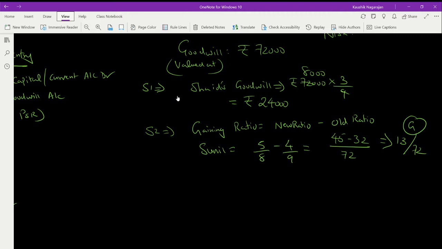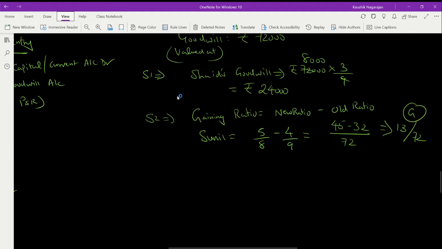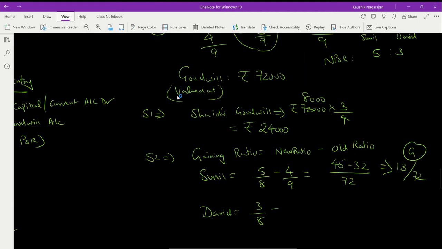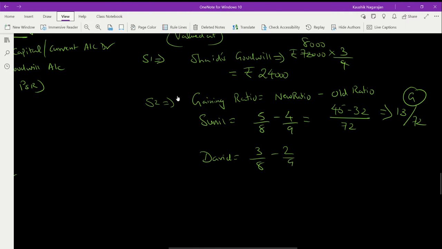The other partner given over here is David. For David, it is 3 by 8 minus the old one, 2 by 9. Substituting with LCM 72, 3 nines are 27 minus 2 into 8, which is 16.